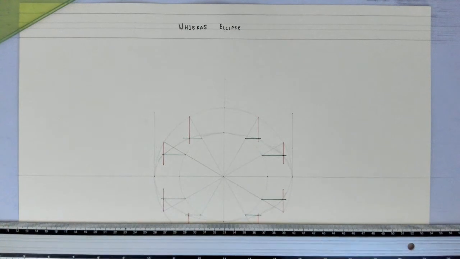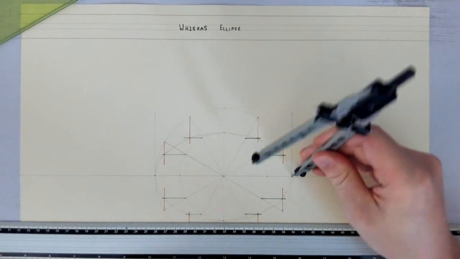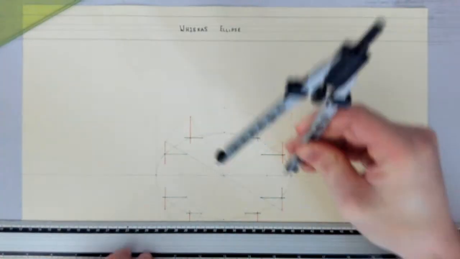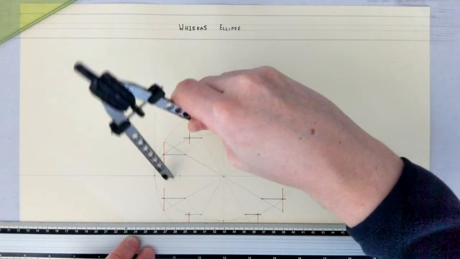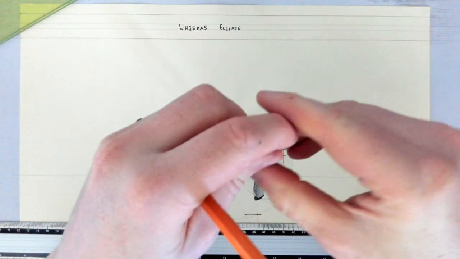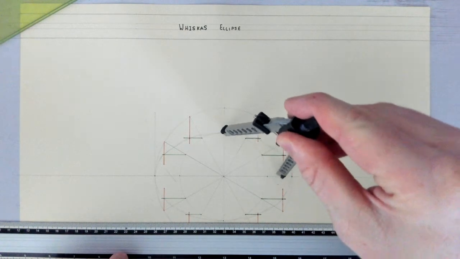To find the focal points, we're going to open our compass to half of the major axis, going on top of the minor axis, so we can mark here, mark here.